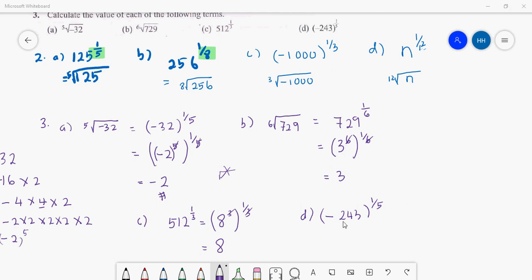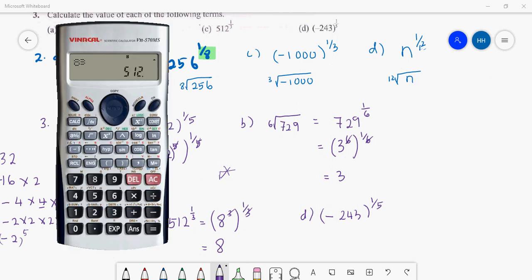Okay, so simplify negative 243. The number is 1 over 5, so the tip is 5 there. You try trial and error, 2 to the power of 5, you don't get 243. Then you try 3 to the power of 5, which equals 243, right? The difference is here there is a negative.